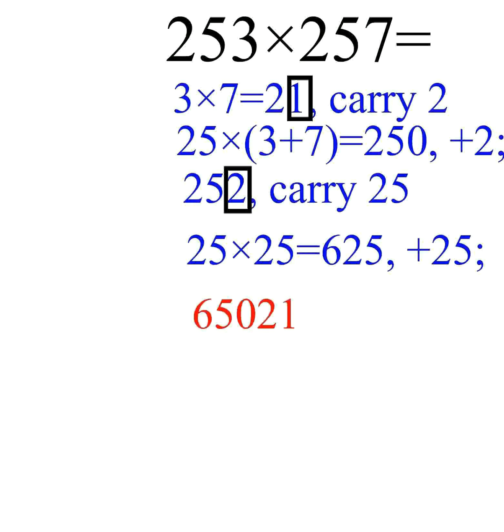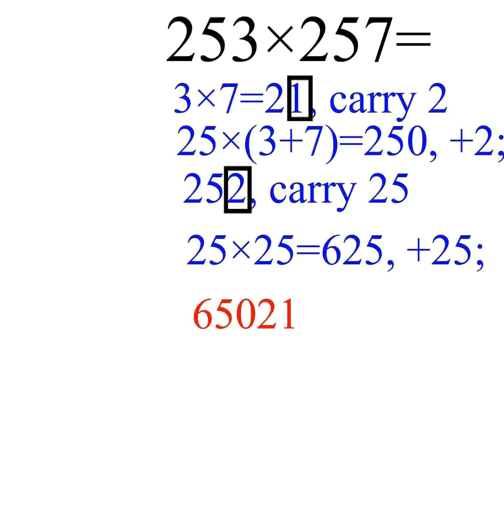As you see here, instead of doing it this way, we could have just multiplied 25 into its next integer, 26, and that would be equal to 650, and multiply 3 into 7, which is 21, and write it in front of 650.